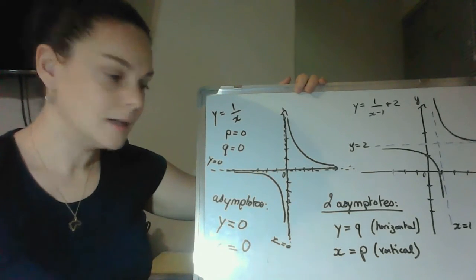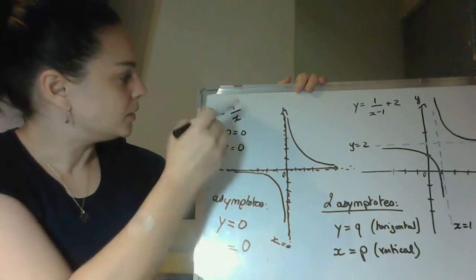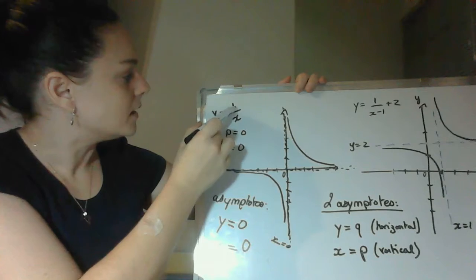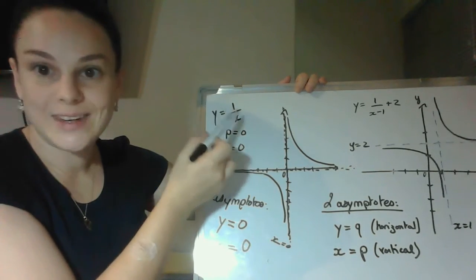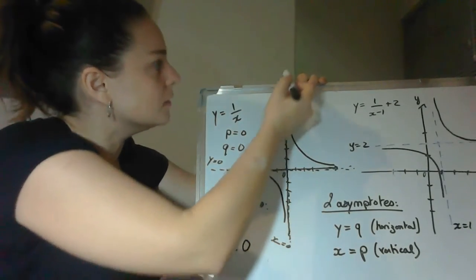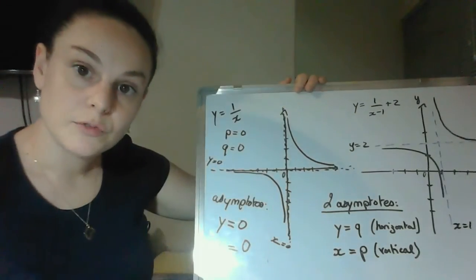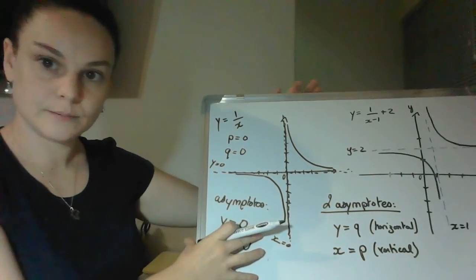Alright. This x equals 0 is an asymptote because if 1 is divided by 0, we get an undefined value. Technically we get infinity, and for x equals 0 the graph is going to go up to infinity. Alright, so that's the two asymptotes.